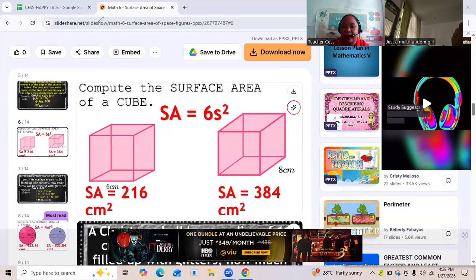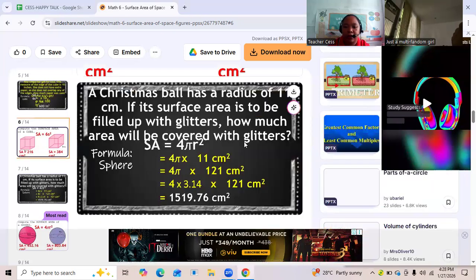Next, we have what we call the sphere. A Christmas ball has a radius of 11 centimeter. If its surface area is to be filled with glitters, how much area will be covered with glitters?